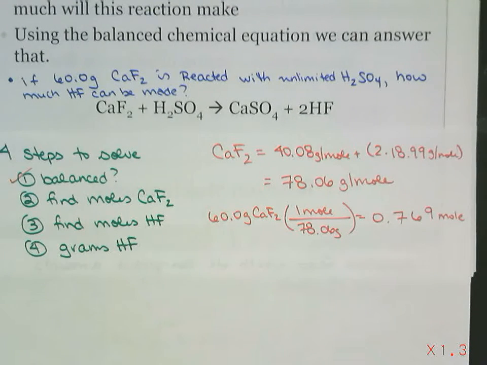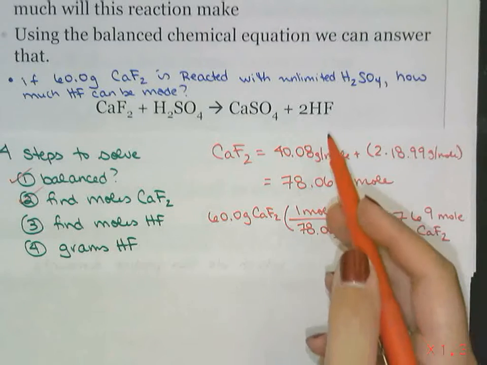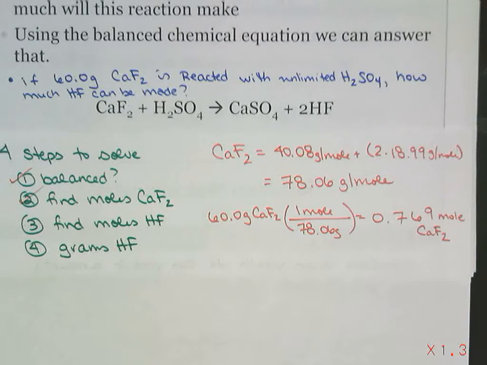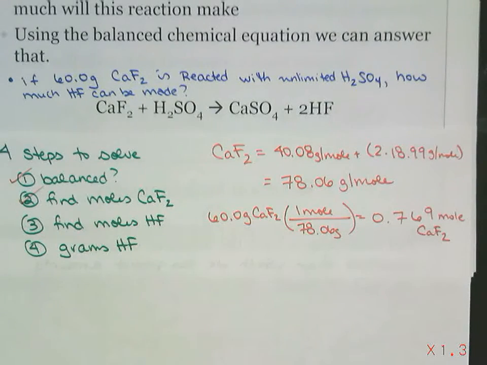All right. Now moles of calcium fluoride. How do I get from moles of calcium fluoride to moles of HF? What's the mole ratio? How many moles of that make how many moles of that? 1 to 2, right?